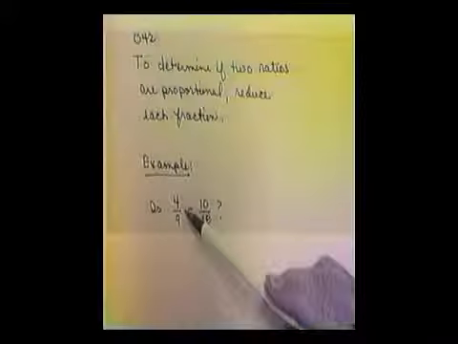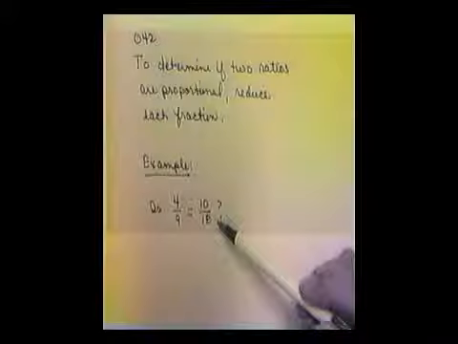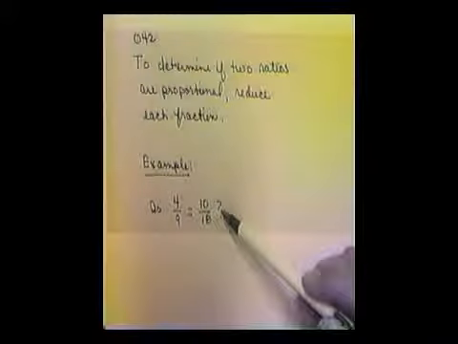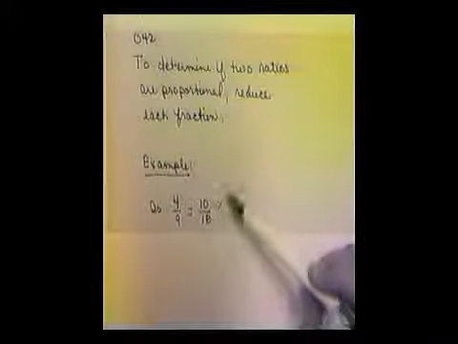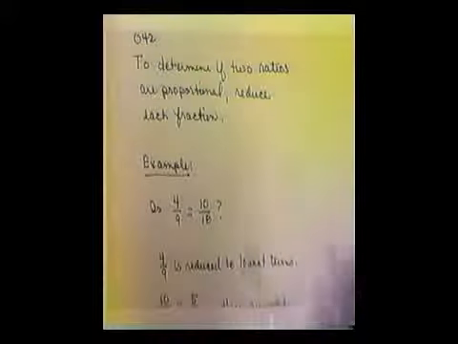Now 4/9 does not reduce, but 10/18 will reduce. What divides both of them? 2 divides both of them, so 10 divided by 2 gives me 5, and 18 divided by 2 gives me 9.